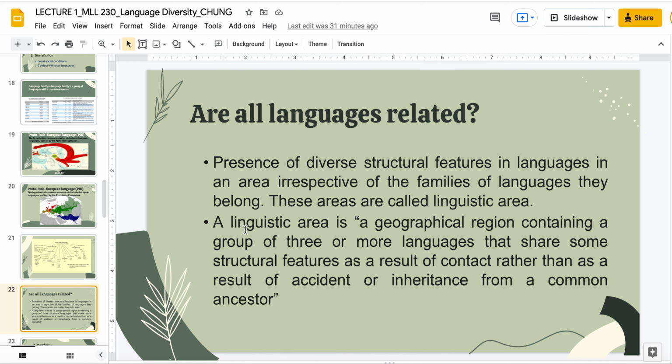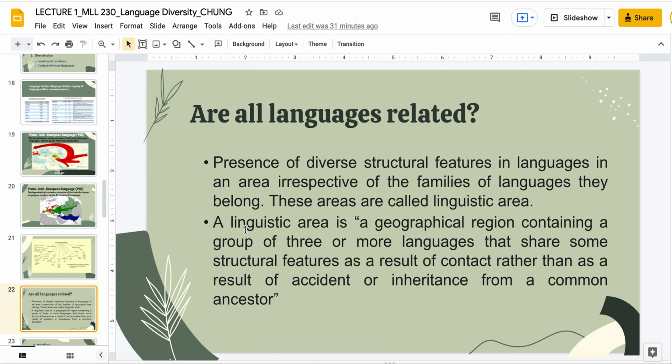Like I came from one tribe, I spoke a language, you're speaking a language, and then you moved far away, and then your language became a little bit different. But just because you have structural features, it doesn't necessarily mean that we're related and that we spoke the same language to begin with.